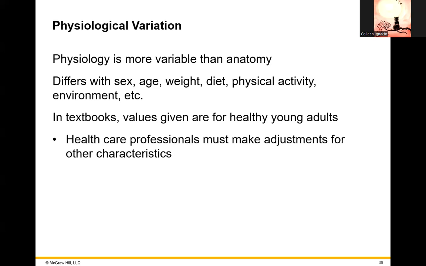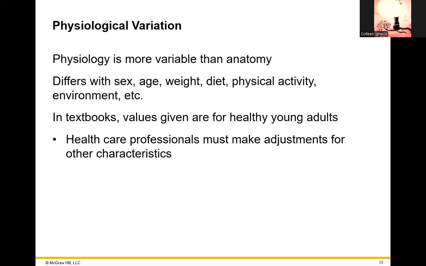Now, that doesn't mean that if I have someone that's 70 years old, I shouldn't expect their blood pressure to be in that range as well. But if their blood pressure is not in that range, that may mean that they suffer from hypertension. So I have to take some further action. I have to notify the healthcare provider, right? So just remember, in textbooks, the values are based on healthy young adults.